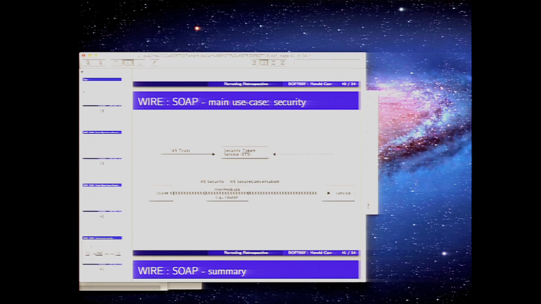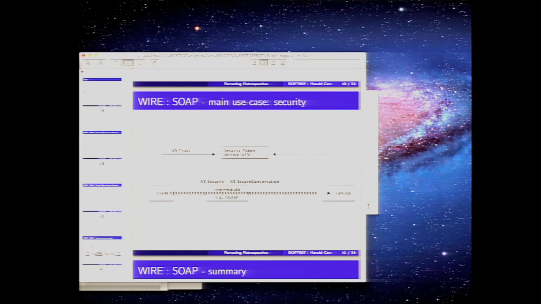So to allow that, SOAP has this thing called WS Trust that defines a protocol, so the client, when it tries to talk to a service, under the covers, will actually start talking to the STS to say, I need to talk to that service, give me a security token so I can do that. Now, you don't have to write that code.